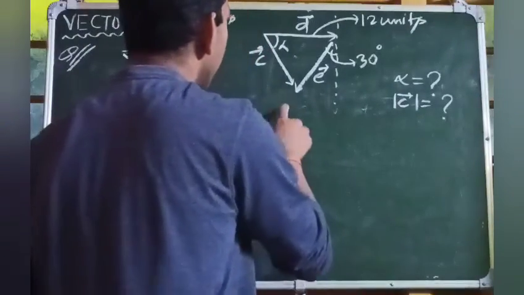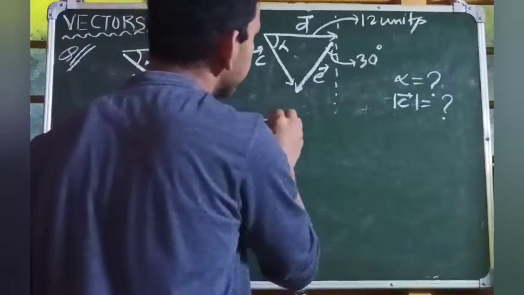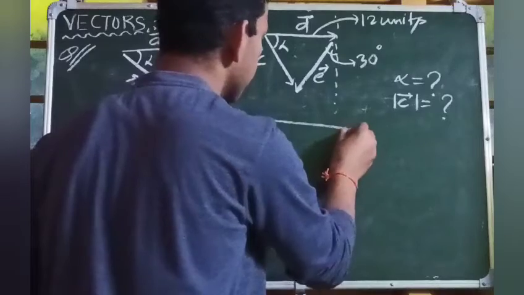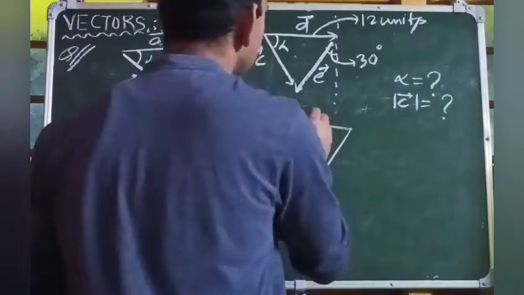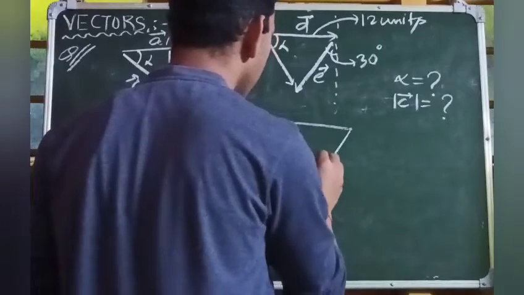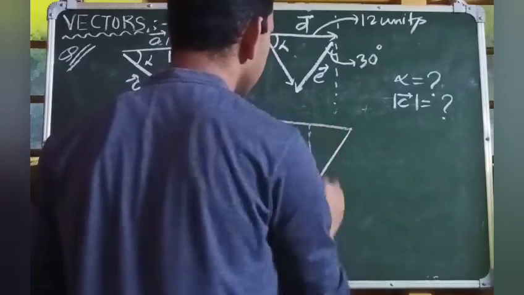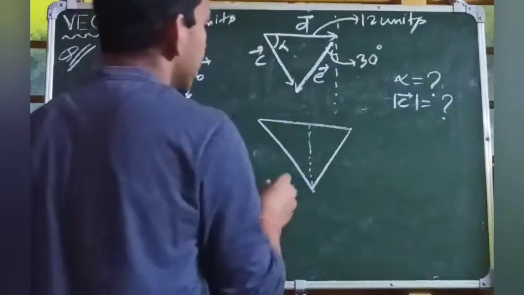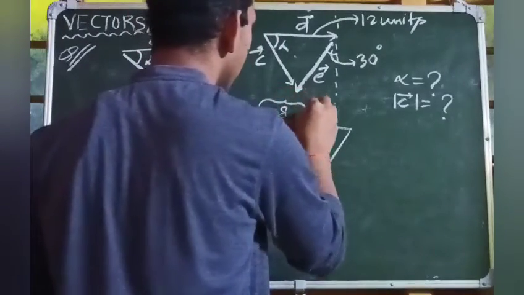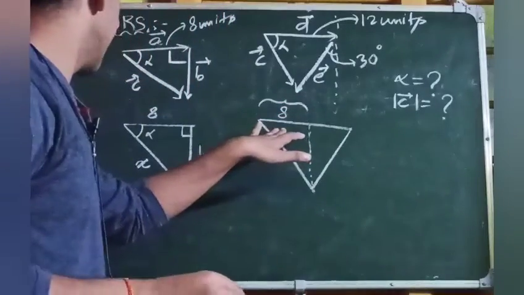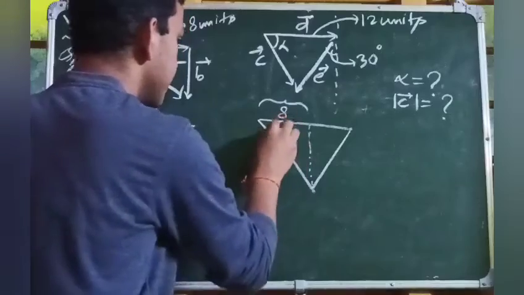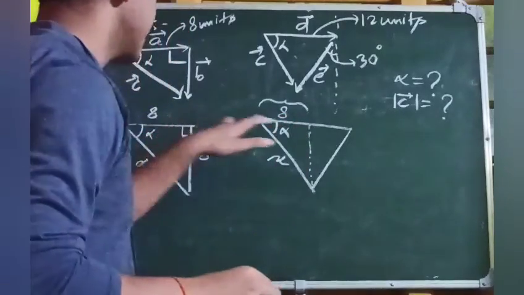Let's draw it once again. Let's draw a perpendicular from this point to the line d vector. Then this will be 8, because it represents the same thing. This is x, this is also x, this is alpha, and this is 8.